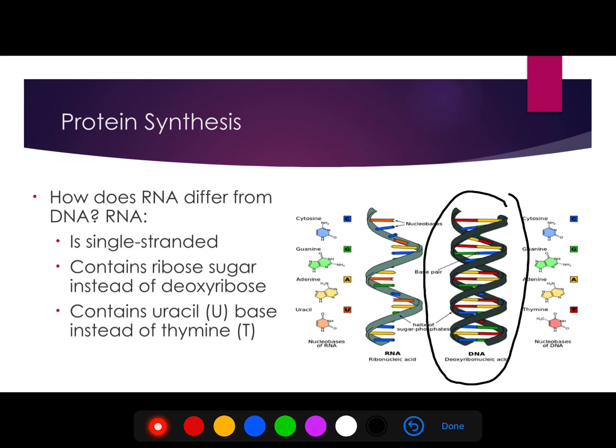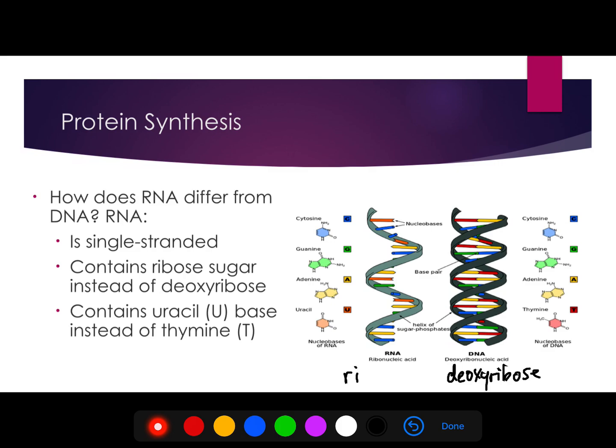Now with DNA, another difference is the sugar that's found in the backbone of the DNA. DNA contains a sugar called deoxyribose, hence the name deoxyribonucleic acid. So DNA contains deoxyribose.